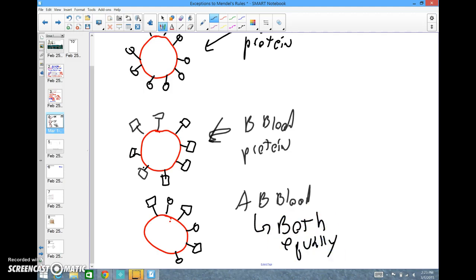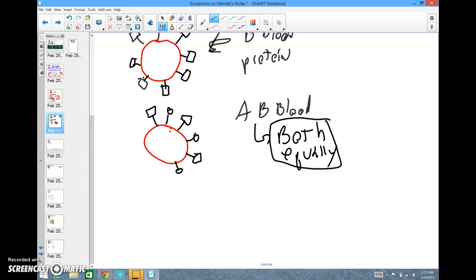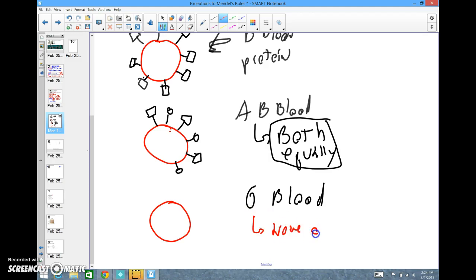That's the key here. It's both. So this, of course, begs the question, what about O blood? With O blood, you would have a red blood cell that does not have the A protein and does not have the B protein. So none of these proteins.